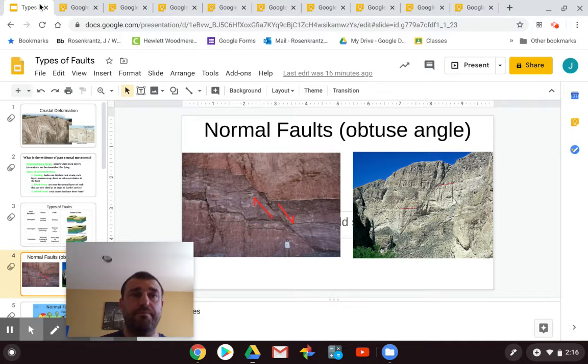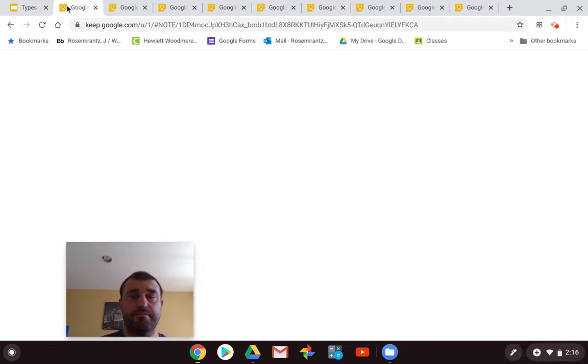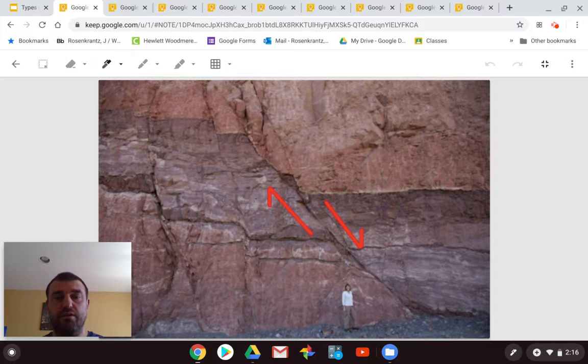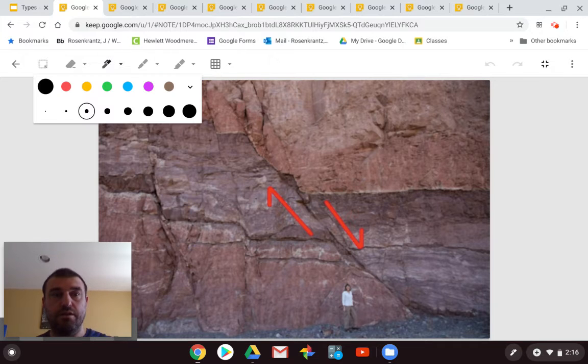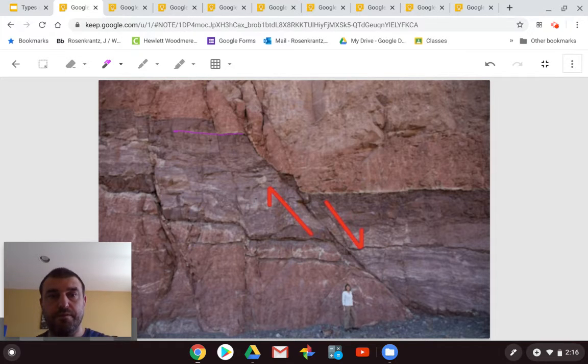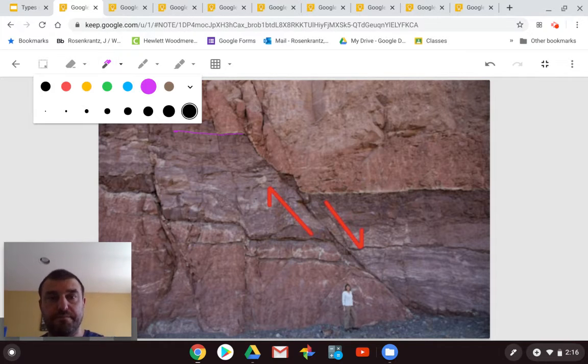So if I bring up this image, okay, I'll show you what I mean by obtuse angle. So let's use the purple here. I'll make it a little wider.